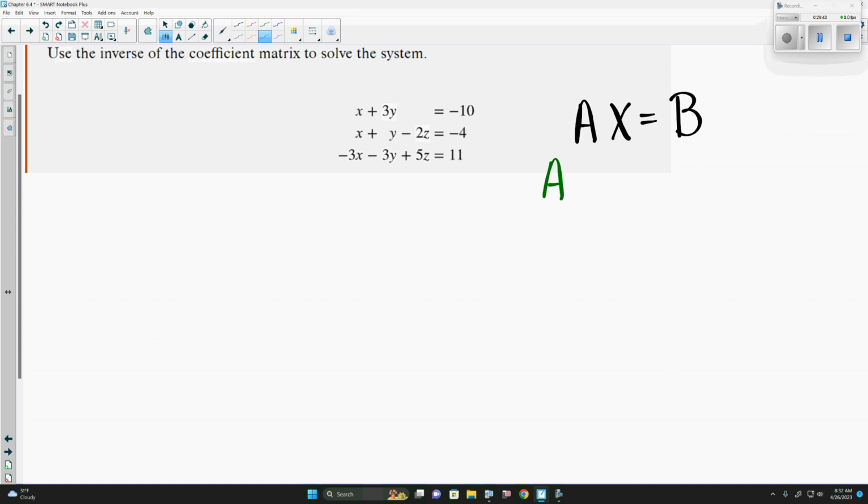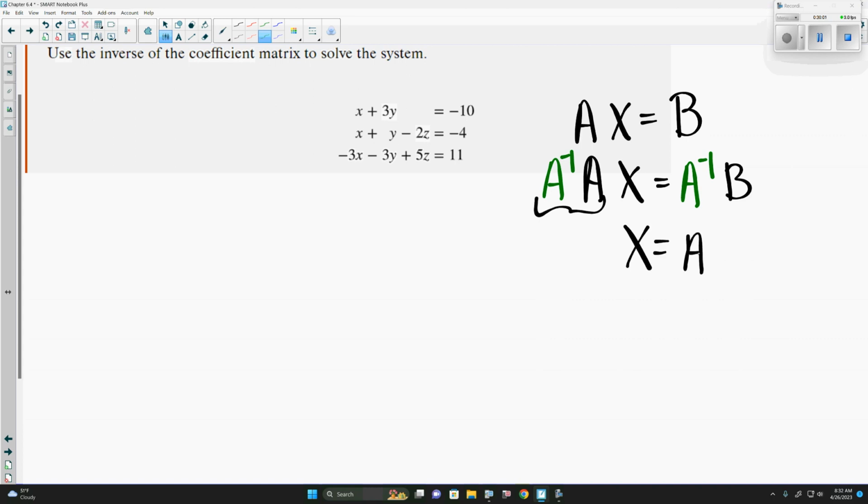Because we know A inverse times matrix A times X equals, we'll apply to both sides, because a matrix times its inverse is the identity, which is essentially 1. Which will give us A inverse times B.